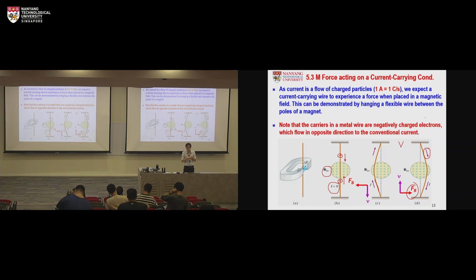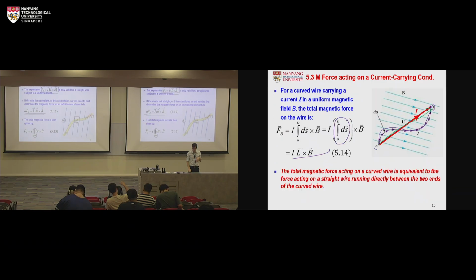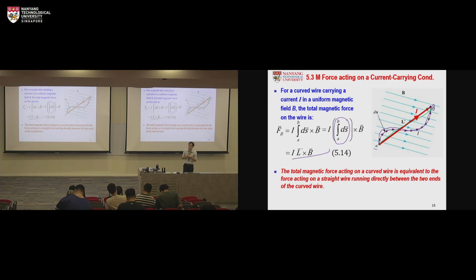Let's say, because this one must be a straight wire, if I make it a circle, technically it's not a straight wire, but I still can count it when I use the formula. Yes, exactly, this is the point here. You can find an effective straight wire to do this calculation.